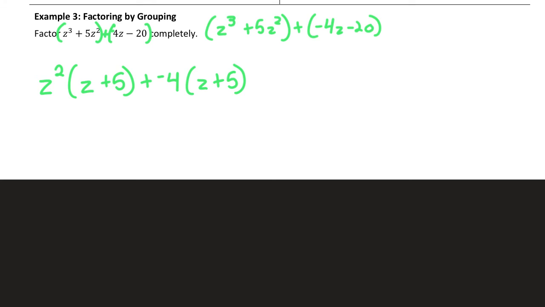So we've got to notice right here that these are common factors, okay? So what we're thinking about is we're factoring out this entire quantity, z plus 5. So if I factor out the quantity z plus 5, what is left is z squared minus 4.